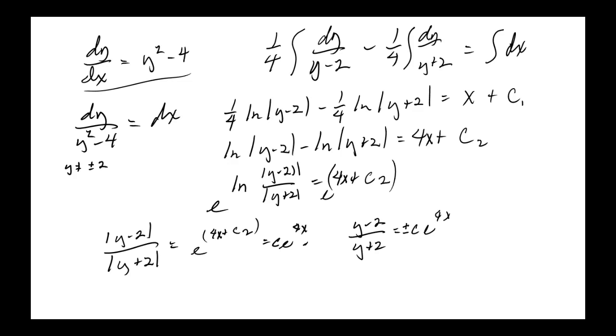Now, what we're going to do next is try to solve for y. This is an implicit solution. We're going to try to make it explicit. So what we're going to do is multiply both sides of the equation by y plus 2. So you have y minus 2 is equal to y plus 2 times c e to the 4x, understanding it's a plus or a minus there.